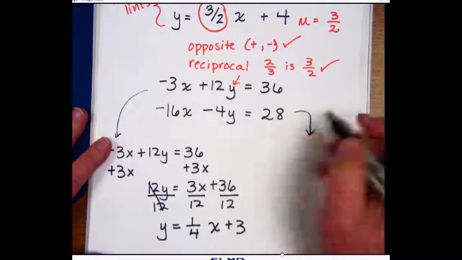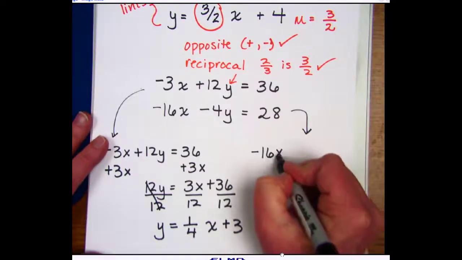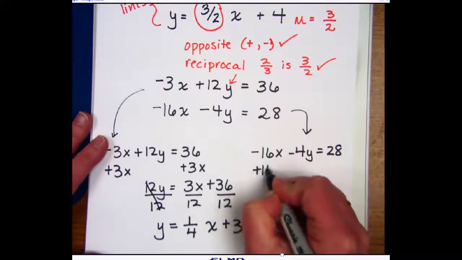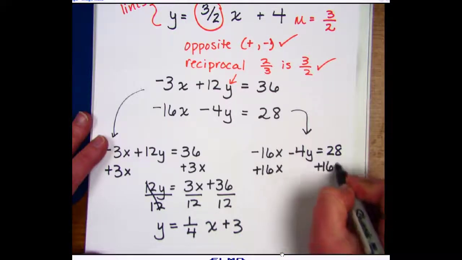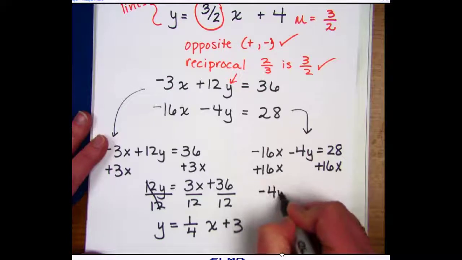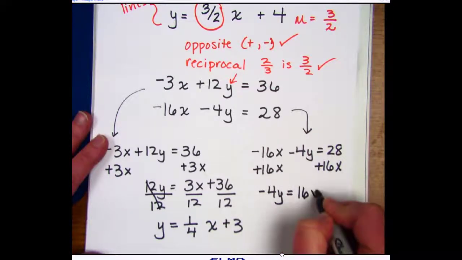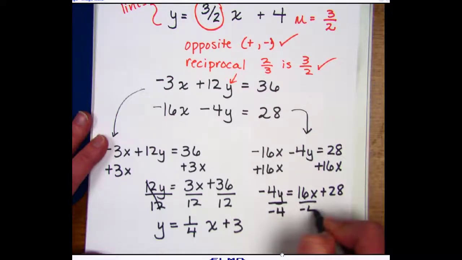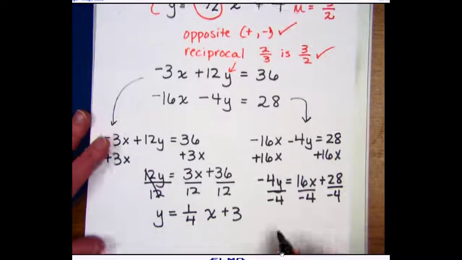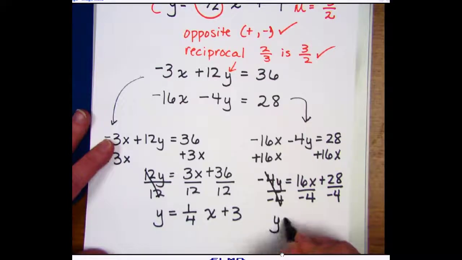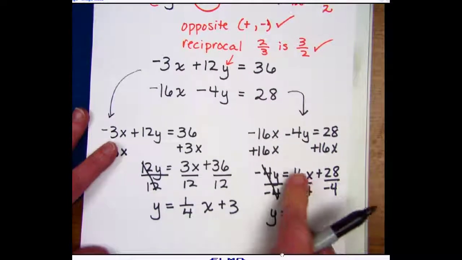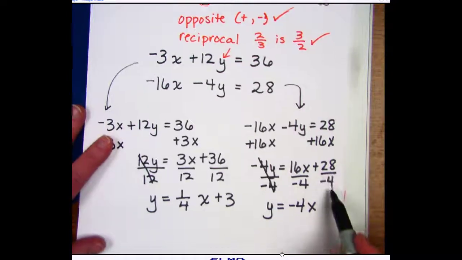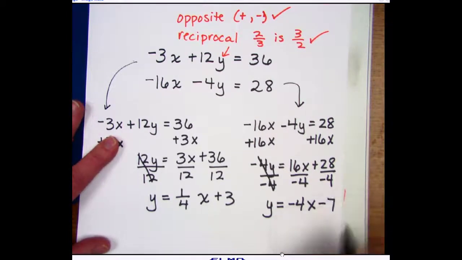Now, looking at our second equation, if I get it in slope-intercept form, we want to add 16x to each side. And then we're dividing everything by our -4. These cancel and go to 1. 16 over -4 is -4, and I have the x. 28 over -4 is -7.